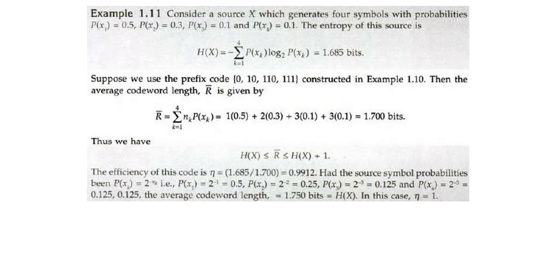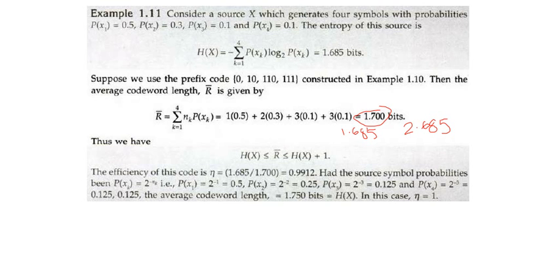So this value should be between 1.685 and 2.685. So this code satisfies the source coding theorem, and whether this code can be used for variable length coding or not, we can check by using the Kraft inequality.